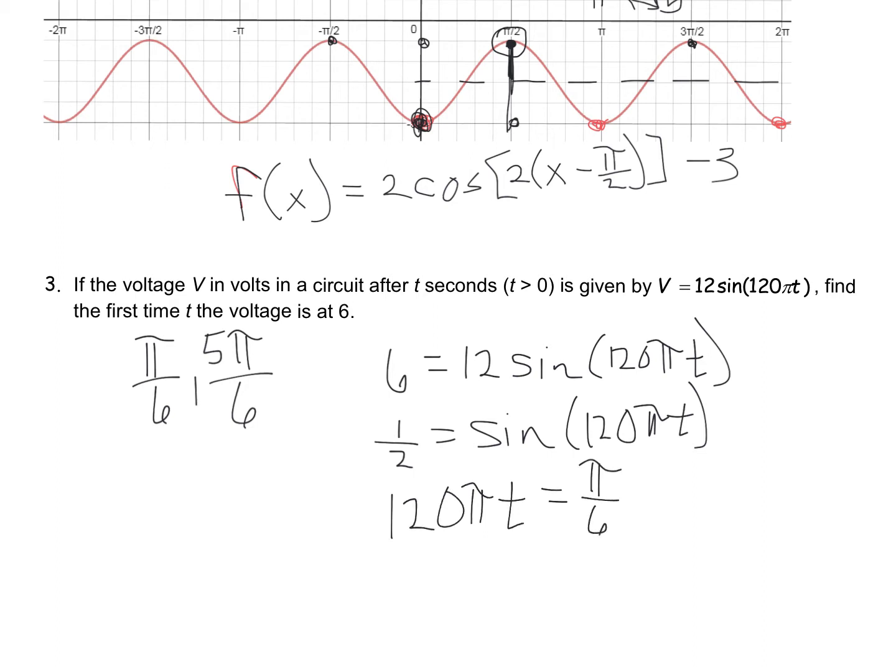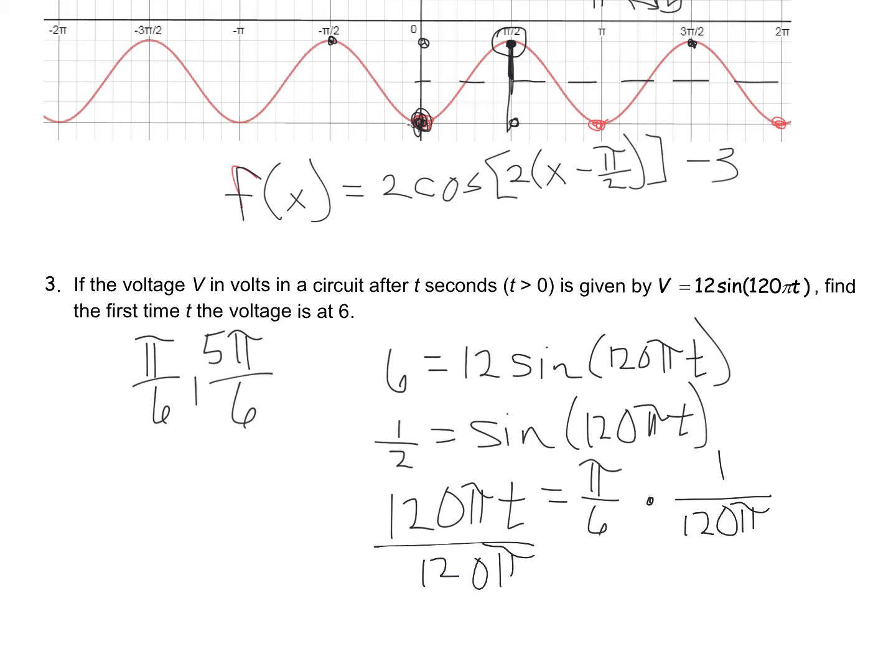And now you have an equation that may look a little different than we're used to, but your variable's right here and you have a coefficient out in front multiplying it, and you want to solve for the variable. You undo multiplication, so we divide by 120 pi. Since we got a fraction over here, I'm just going to multiply by its reciprocal, 120 pi.